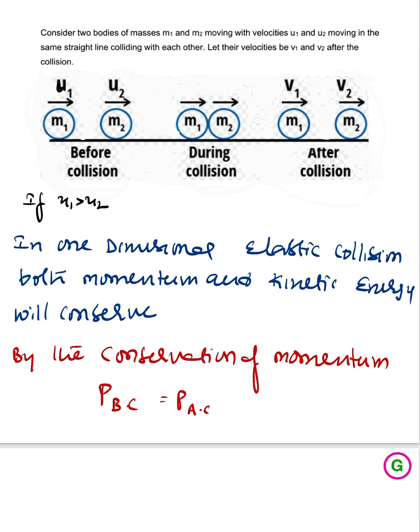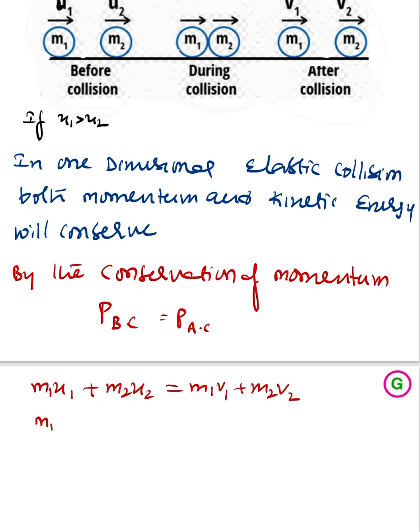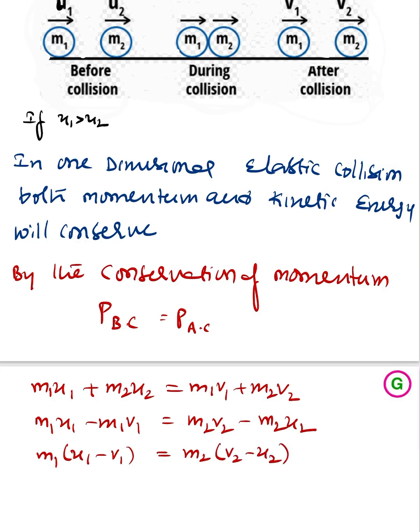That means m1 u1 plus m2 u2 equals m1 v1 plus m2 v2. So we write m1 u1 minus m1 v1 equals m2 v2 minus m2 u2. Taking common factors, m1 (u1 minus v1) equals m2 (v2 minus u2). This is equation 1.